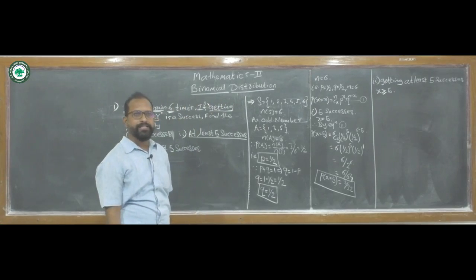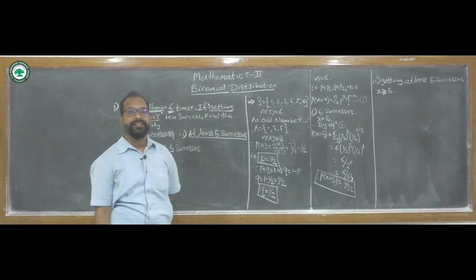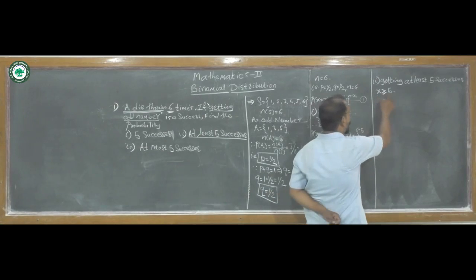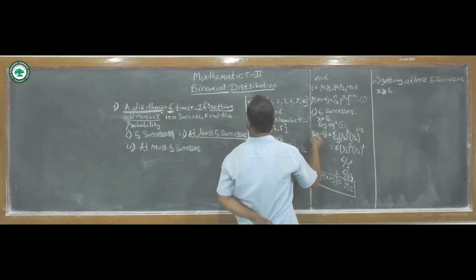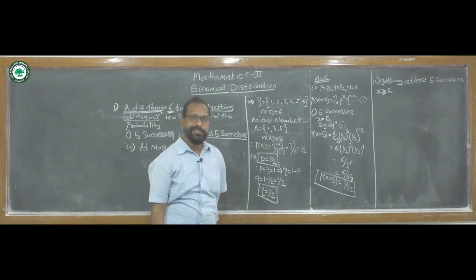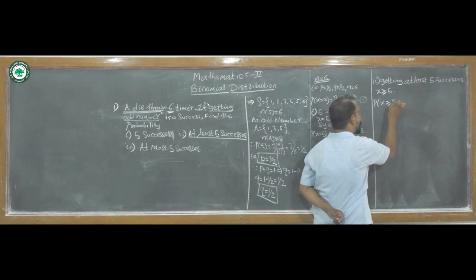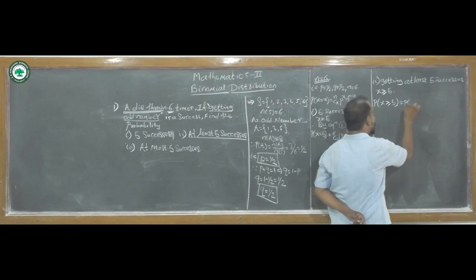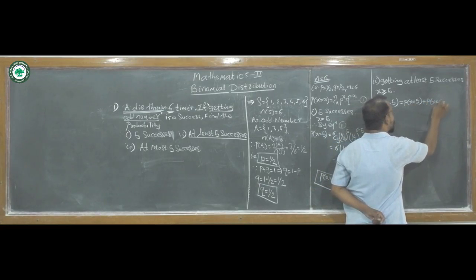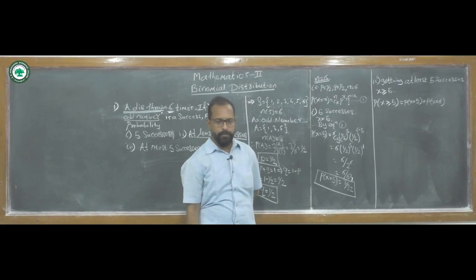Because we have to find at least 5 successes, the possible values are 5 and 6, but we toss the die 6 times only, so we cannot get more than 6 successes. So the probability that X is greater than or equal to 5 equals probability of X equals 5 plus probability of X equals 6, since X is a discrete random variable.